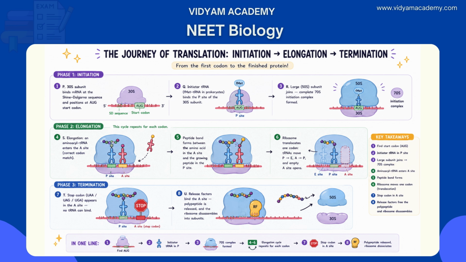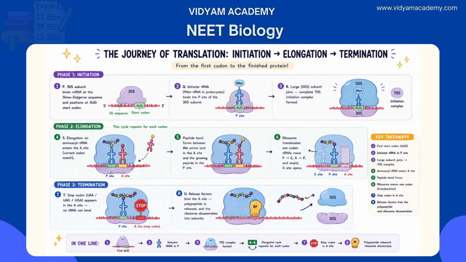S is the elongation phase. Each elongation cycle involves aminoacyl-tRNA entry to the A site, peptide bond formation by peptidyl transferase rRNA, and translocation powered by GTP hydrolysis. This repeats for every codon. T signals termination when a stop codon appears in the A site.